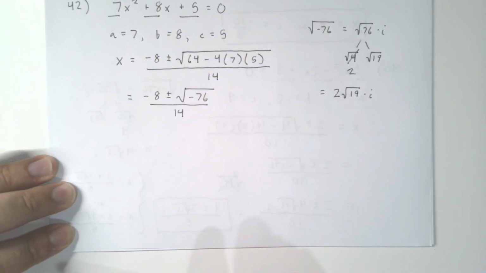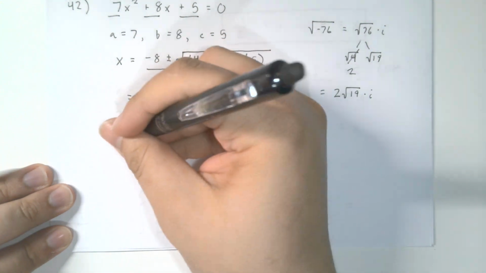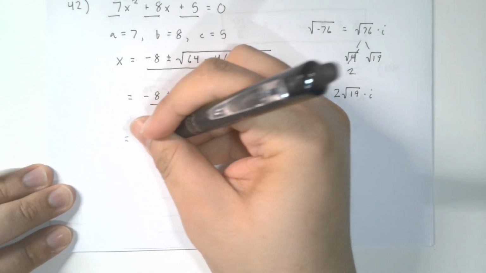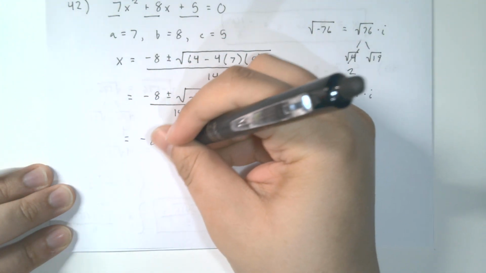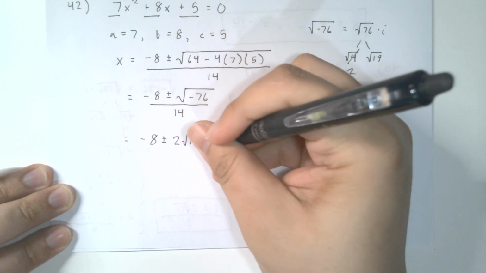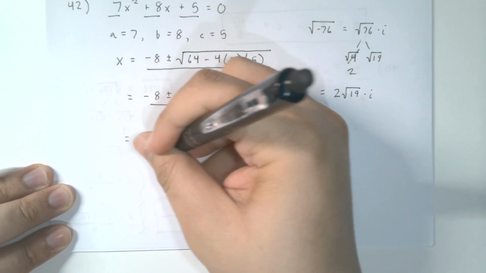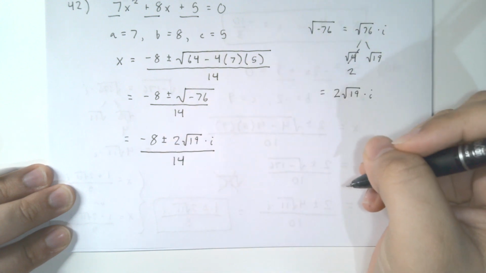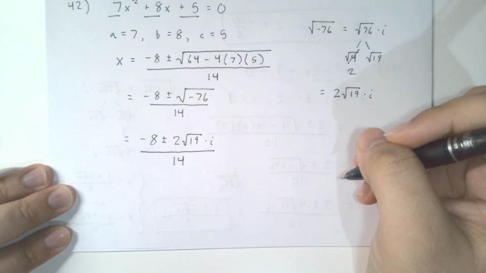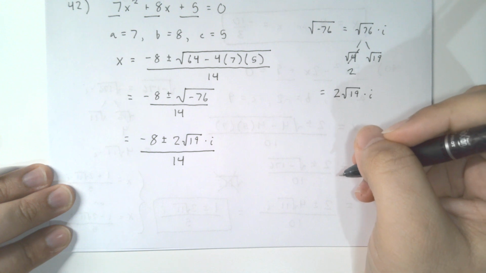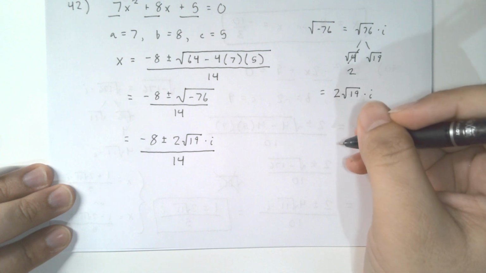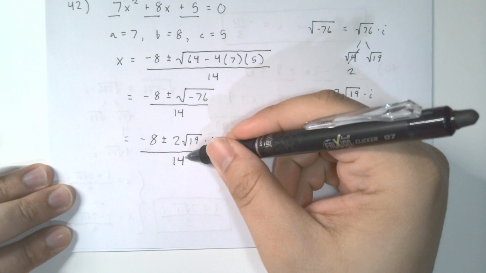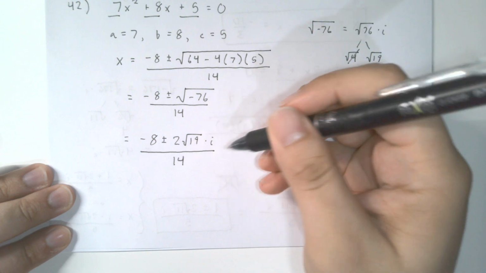So we replace our square root of negative 76. We have negative 8 plus or minus 2 square root of 19 times i all over 14. And the biggest number that we can divide 8, 2, and 14 by is 2.